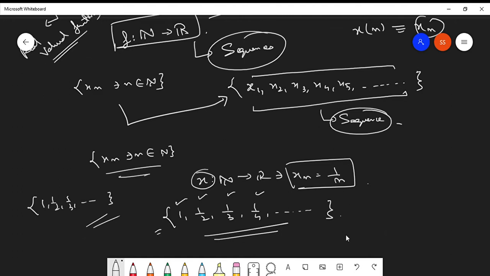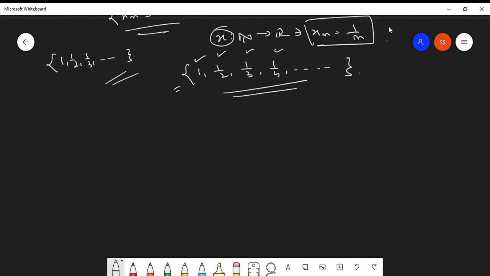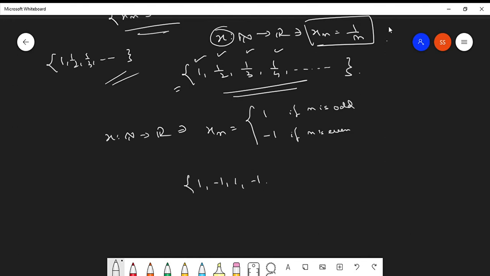But what happens if you have a sequence of this sort? Let's say x from N to R such that xn equals 1 if n is odd, and minus 1 if n is even. What is the sequence now? 1, minus 1, 1, minus 1, 1, minus 1, and so on.